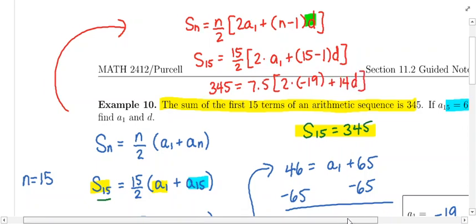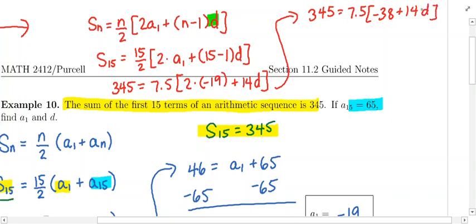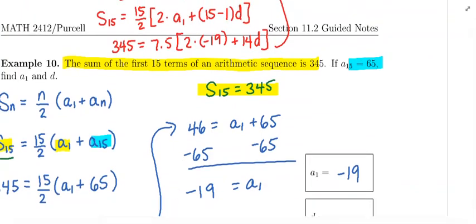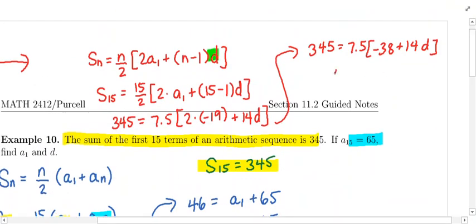That leaves us with an equation that just has the unknown value of d. We're going to be able to solve for it. 345 is equal to 7.5 times negative 38 plus 14d. We're going to divide off the 7.5. We've done that previously. If we do 345 divided by 7.5, that's going to give us the 46. That's got to equal negative 38 plus 14d.